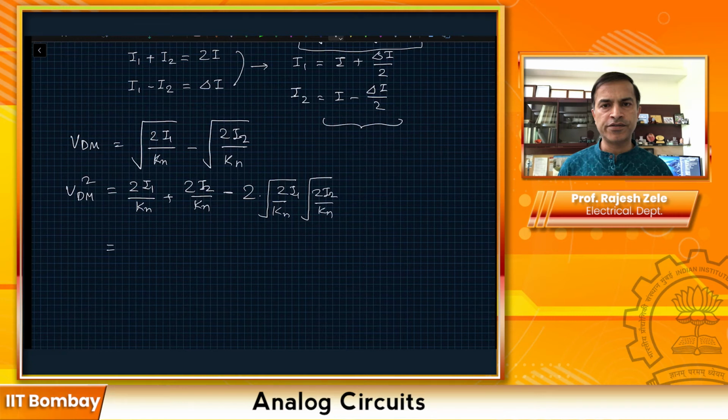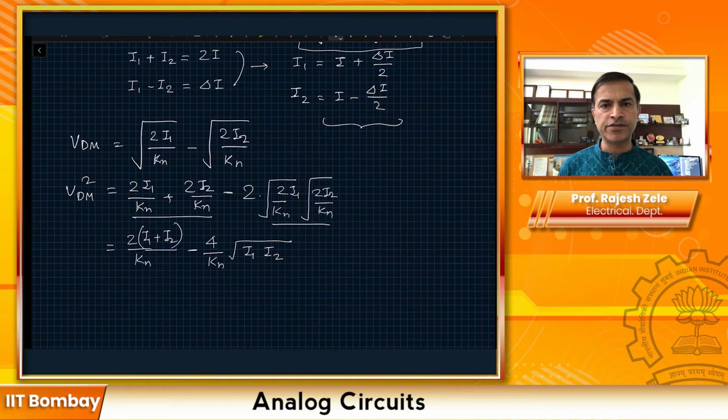Let's simplify it a little further. You will have I1 plus I2, these two terms coming together, times 2 divided by Kn, minus 4 divided by Kn, because you have Kn coming in, times the square root of I1 I2. That's what you'll get.